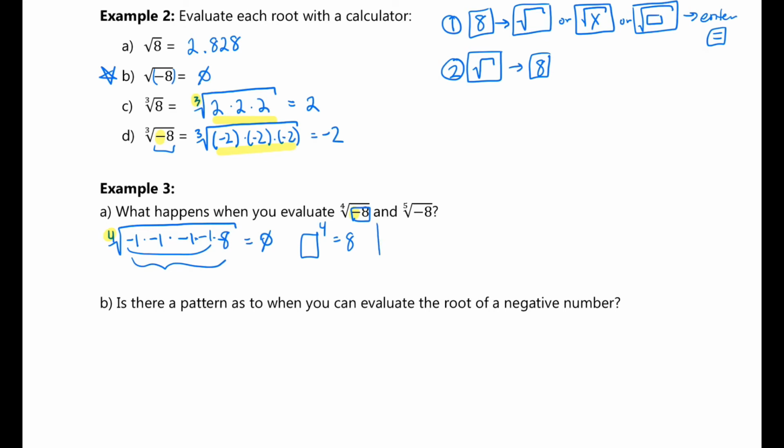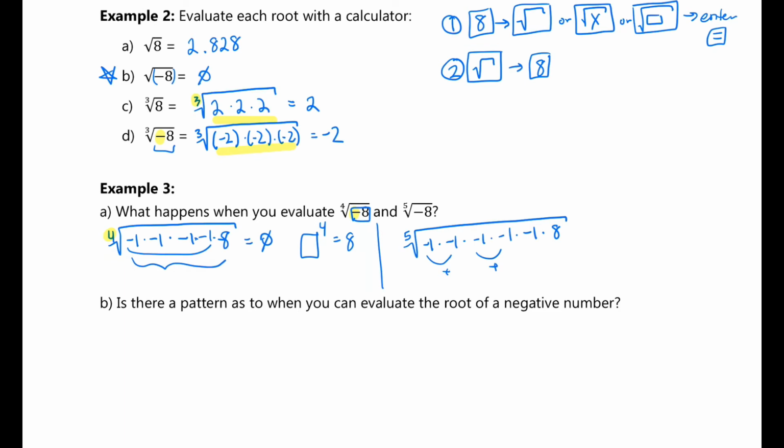That being said, when we take a look at the fifth root of -8, it's a bit different. This time we can expand this into -1 times -1 times -1 times -1, and now this is positive, right? So we need one more -1. Hey, we have the fifth -1, and then we can keep that 8 positive.